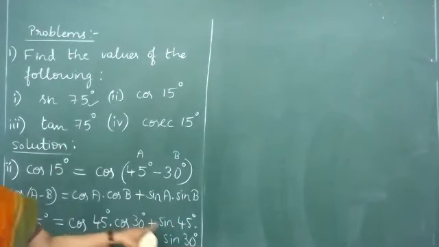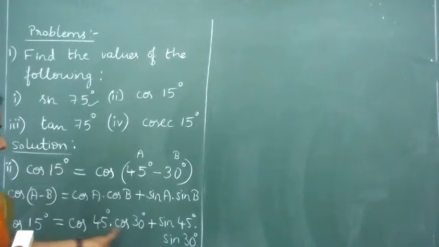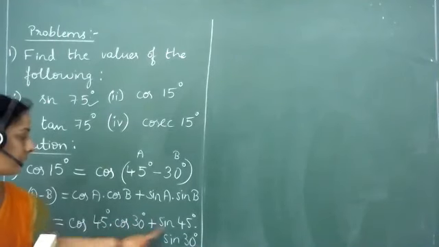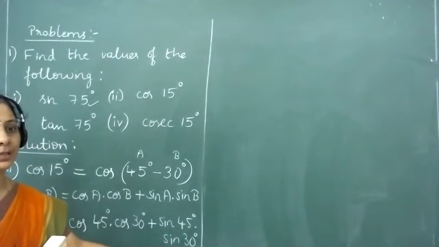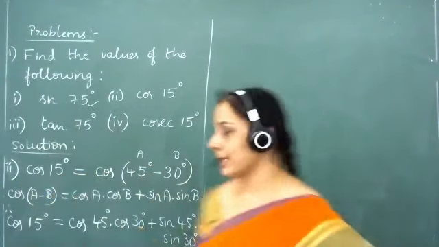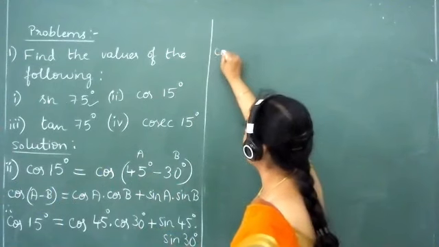We will have to substitute for each of these standard angle values. 45 and 30 both happen to be standard angles, and we very well know the values of the four ratios in the RHS. So now let us substitute and simplify.